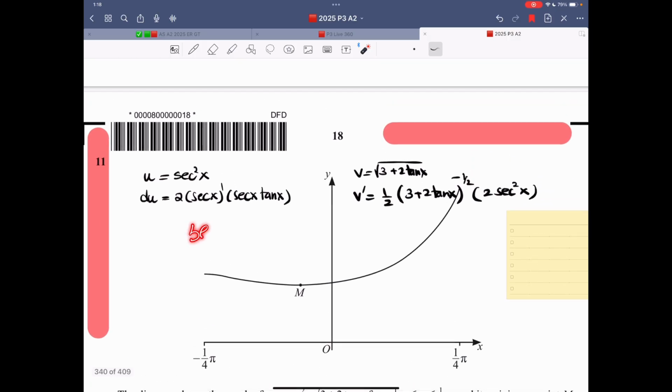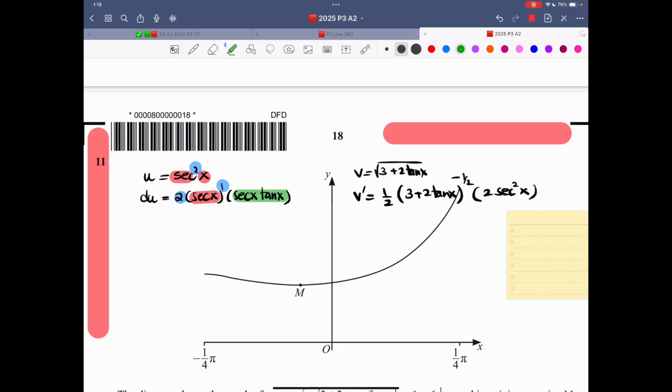So this is basically sec x raised to power of 2. 2 comes down. Power reduces by 1. Sec x remains as it is. Derivative of secant is sec x tan x from the formula booklet.